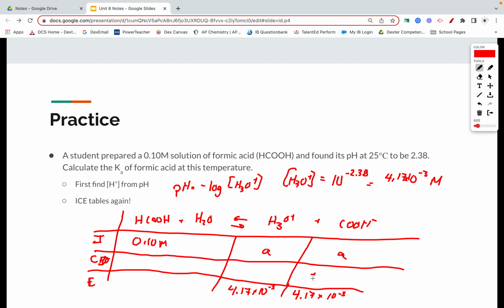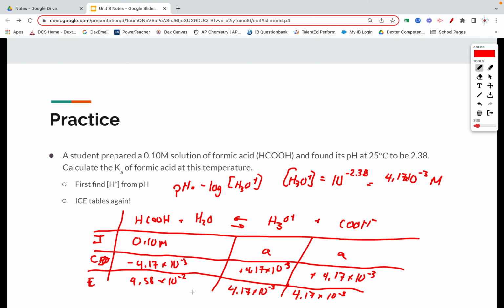So our change here is positive 4.17 times 10 to the negative third, and also here, and our change here is minus 4.17 times 10 to the negative third. So we take our concentration of our acid, subtract 4.17 times 10 to the negative third, and we get 9.58 times 10 to the negative second.